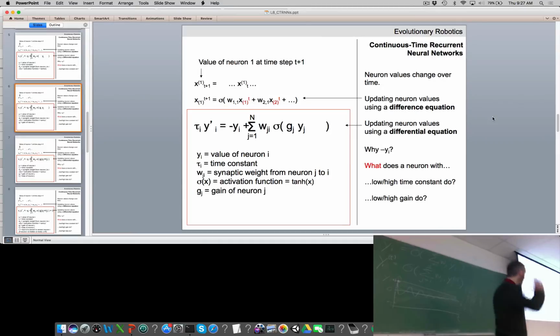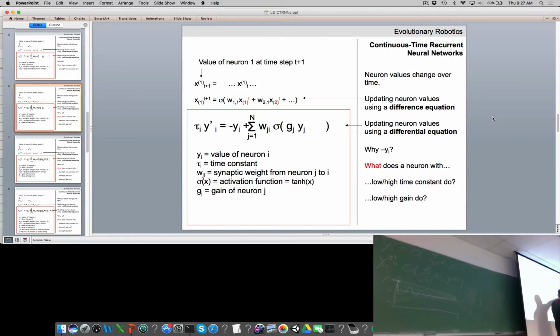So again, remember that we have one of these equations for each of the 100 neurons in our neural network. And this tau value would be a vector of 100 numbers, the taus for each of the 100 neurons. We also have a vector with 100 numbers in it for the gain, so the volume of each of the 100 neurons.